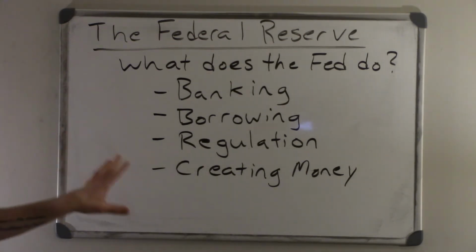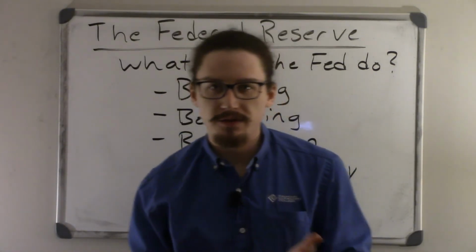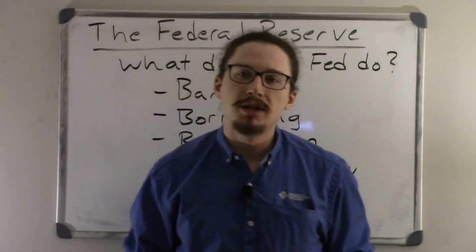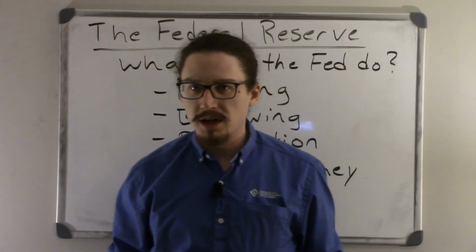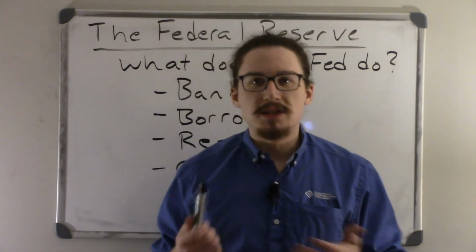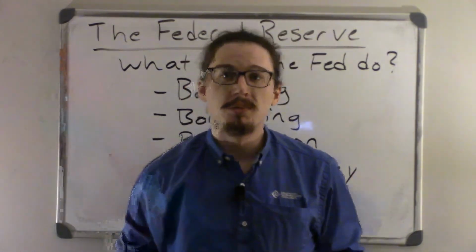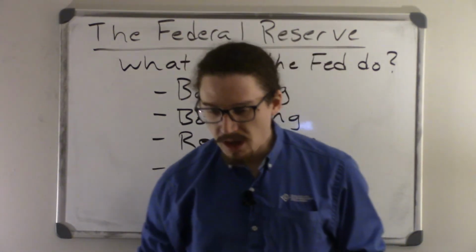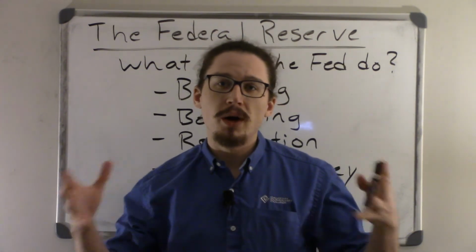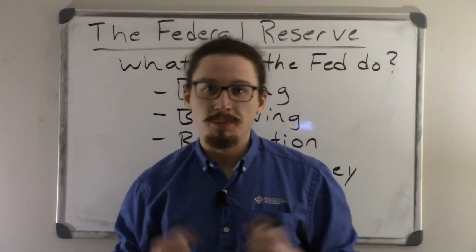All right. Then just very briefly, we're going to talk about the way the Fed is organized. I'm not super concerned about you guys knowing how the Fed is organized because it doesn't necessarily help you understand what we're building to, which is monetary policy. But the Federal Reserve is made up of 12 regional banks.